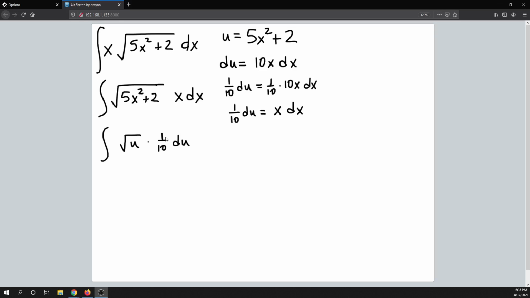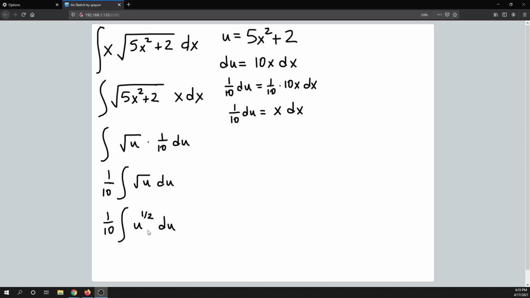I am going to rewrite this as 1/10 times the indefinite integral of the square root of u. That's the first thing that I'm going to do. And then the square root of u is really just a power function where the exponent is 1/2.